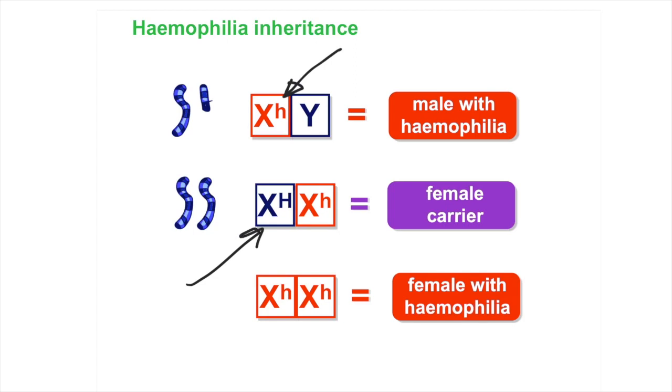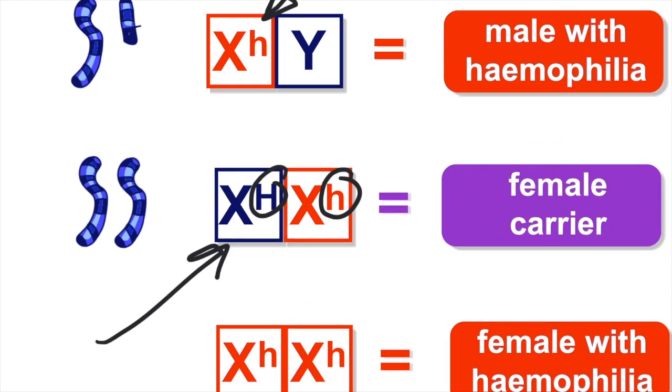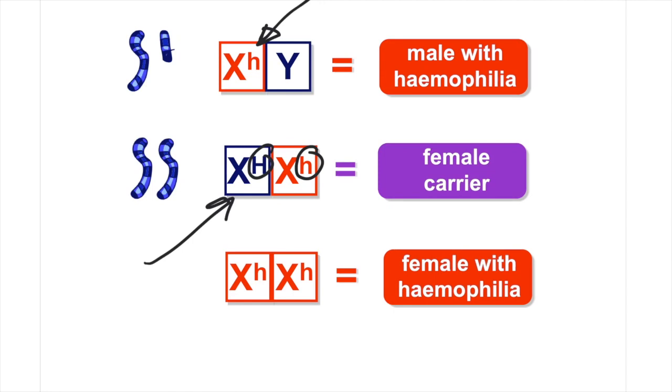Only females can be carriers because females can have two copies. One is the healthy one and one is the mutated one, which is lowercase h. Females are very unlikely to be hemophilic because the chance here is 1 out of 3. It's very rare to find a female that is suffering from this disorder.